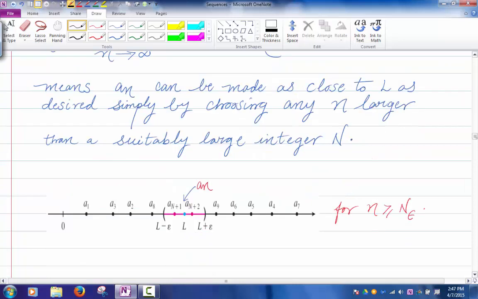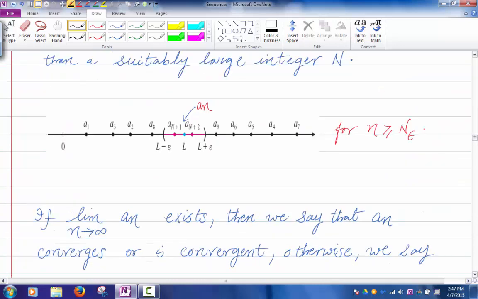So once again, it means that if L is the limit, then give me any small interval around L, and I can go far enough along the sequence so that after some point on, every single term will be in that interval.